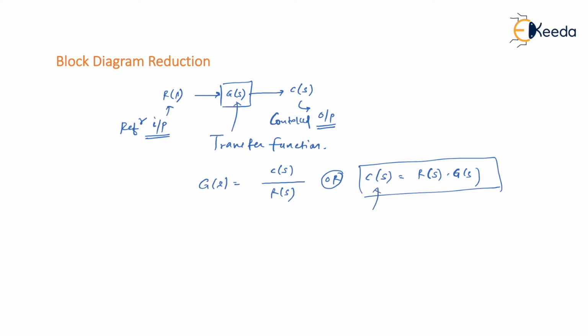I'm naming this system as a block. So output of the block is always the input, R(S), multiplied by the transfer function. Whatever we have discussed till now, we used to believe that the system is a single block.